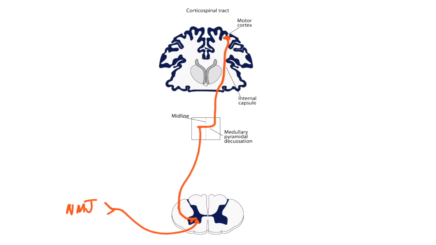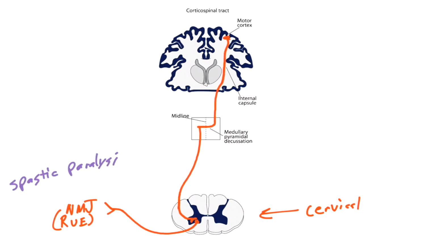So specifically, we're talking about the right upper extremity, which makes sense because this is a cervical spinal cord level. But this patient has spastic paralysis. So we know that it's an upper motor neuron. So this patient could have damage anywhere from here to here. With the information given in the question, you cannot actually identify the exact location of the damage for the upper motor neuron.